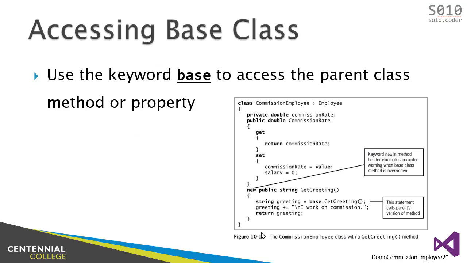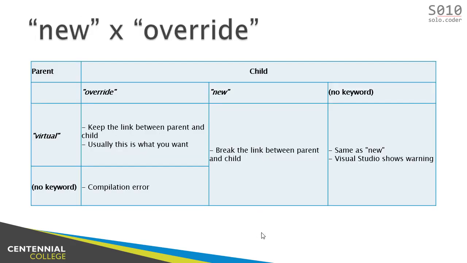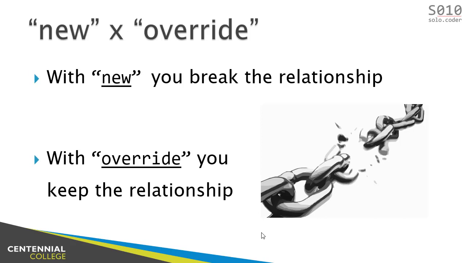Again, even though I'm not going to give the example right now of what is the difference, keep this little table in mind. Actually, first of all, let's look at this. The new keyword breaks the relationship between the parent and the child. What is this relationship? What is breaking that? Well, that will be more clear when I give you an example.